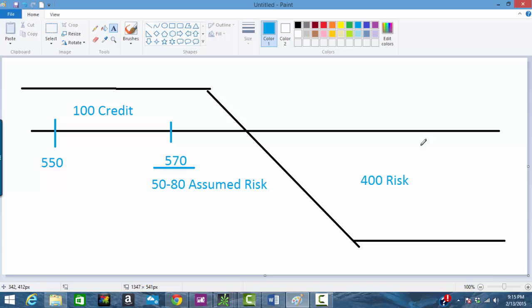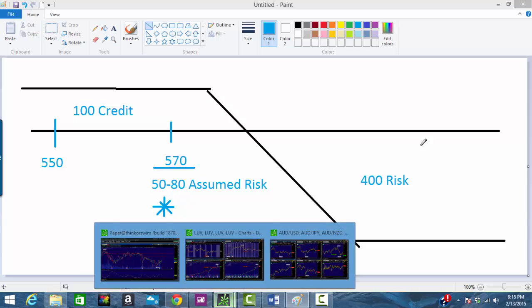Then I can just multiply that out, multiply by how many, now I can figure out how many contracts I want to trade. If I want to trade, say, $500 risk, I might do at max 10 contracts, might even just do, say, 6 contracts based on that $80 assumed risk.